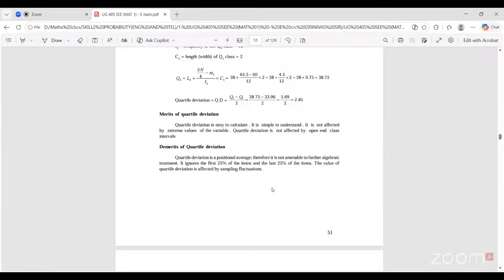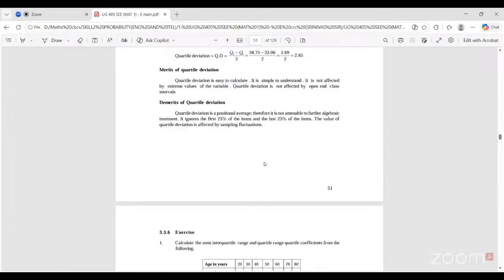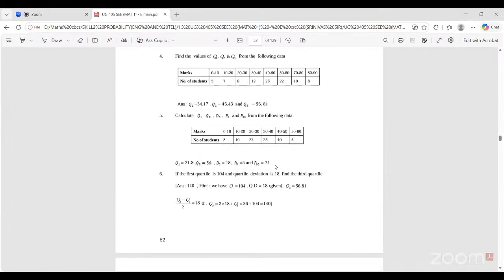It ignores the first 25% of the items, at least 25% of the items. So the value of the quartile deviation is affected by sampling fluctuations.